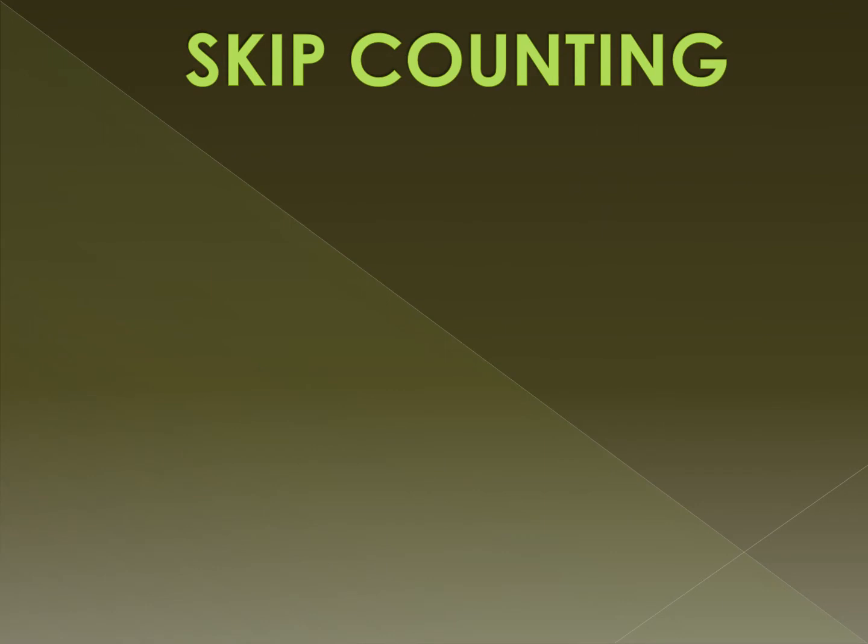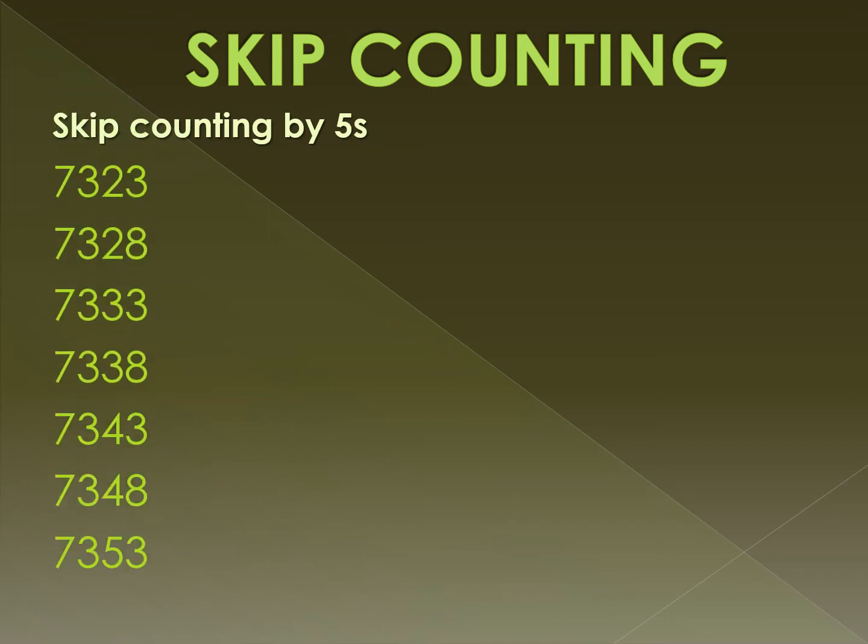Now let's look at skip counting by fives. We start skip counting by fives from 7,323. Each time we add 5 to the number to get the next number. So our next number will be 7,328. Let's add 5 again. 7,333.